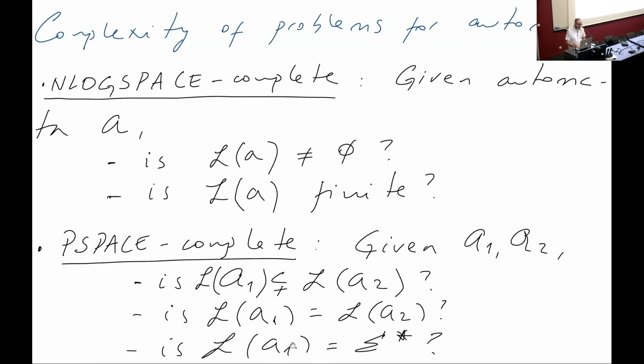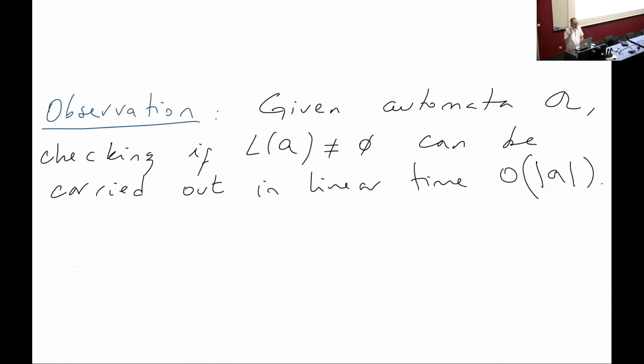This problem checks whether the complement of A1 is non-empty, and it is much more expensive than emptiness. But most of the time, we will be considering the non-emptiness problem, which can be solved in non-deterministic log space. So that's an important piece of information.